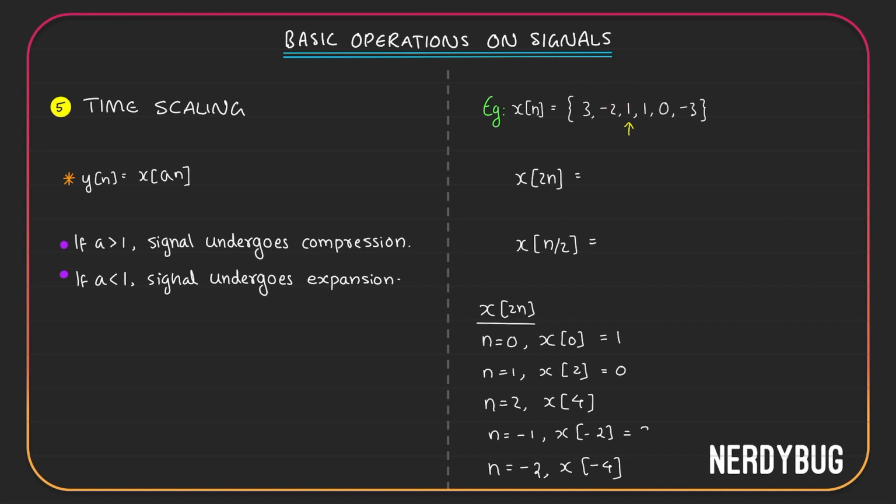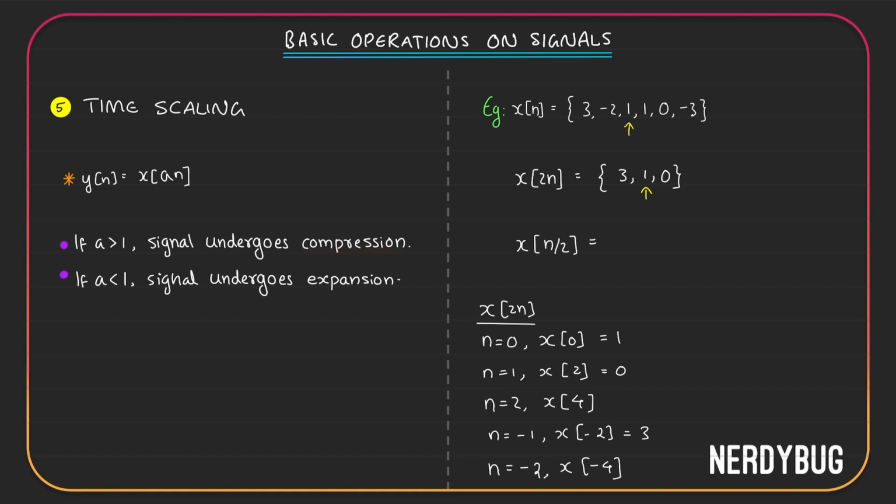Minus 2 is 3. N equal to minus 2, x of minus 4. We don't have a term at minus 4, so we can remove that also. What we get here for x of 2n is 3, 1, 0. And the middle term, x of 0, is 1. So as you can see, the signal has been compressed. When a is greater than 1, signal undergoes compression.